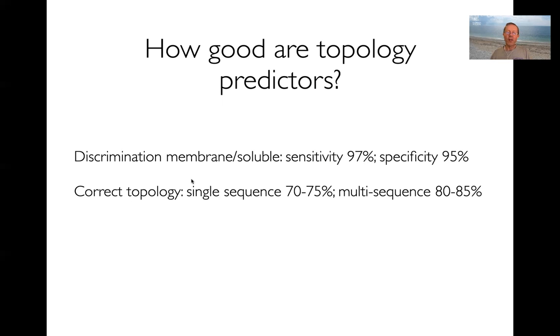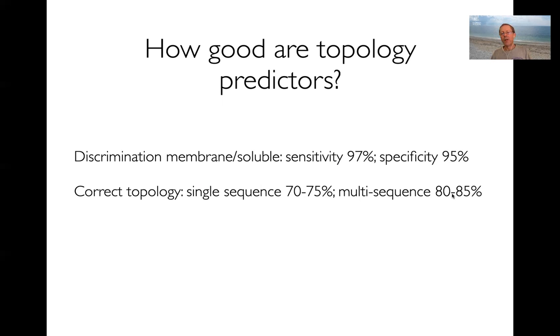These predictors are pretty good at that. Correct topology, well, if you use single sequence predictors, that is, you just feed one sequence into the predictor, they give you the correct topology for 70 to 75% of the proteins. It's a little better for bacterial proteins, a little worse for eukaryotic proteins, but in this range.